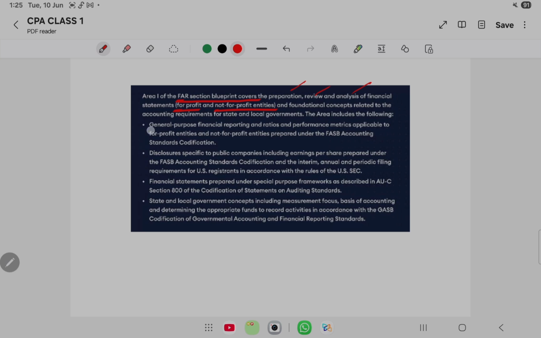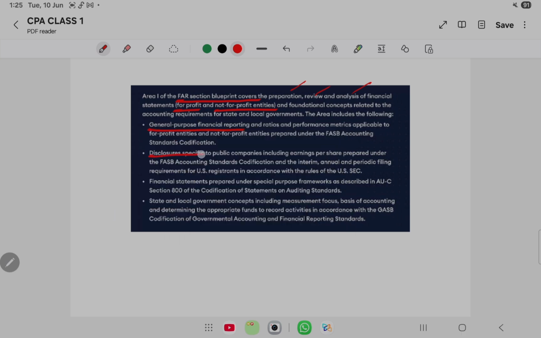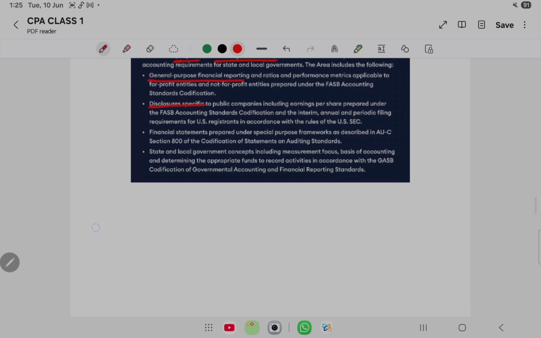It includes the general purpose financial reporting, disclosures for the public companies, including the earnings per share, prepared under the FASB accounting standards, financial statements prepared under the special purpose framework as described in AU-C section 800 of the codification of statements on auditing standards.